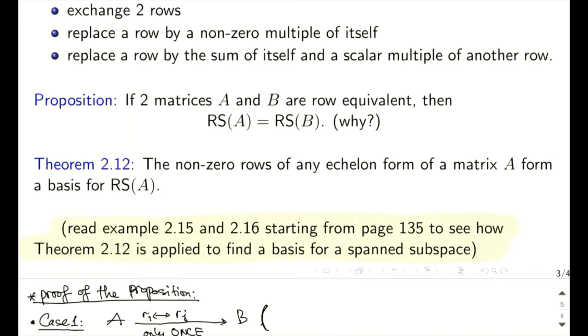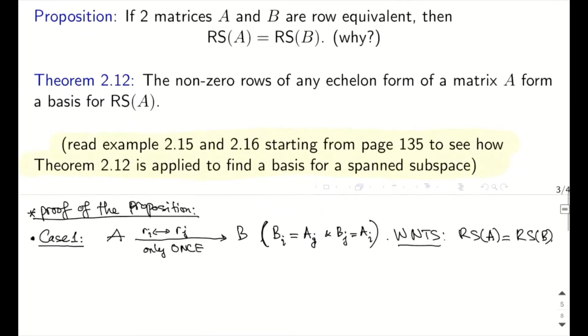We in fact use the same notation for the column and the rows, but in different contexts, and we are going to state it clearly. So that means Bj equals Ai and Bi equals Aj. That's what happened when you exchange. We need to show the row space of A equals the row space of B.